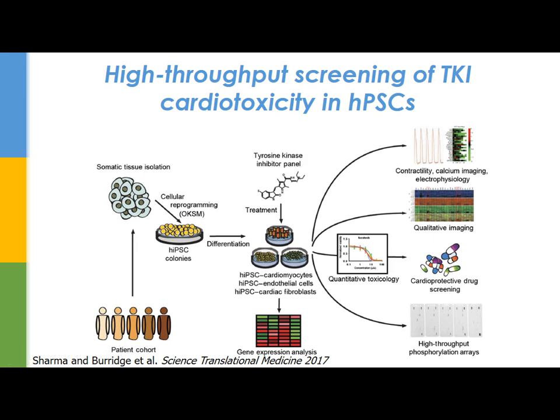The human pluripotent stem cell model can also be used for high throughput screening, and this is one example from a group from Stanford, a very active group in the field. They used a panel of tyrosine kinase inhibitors and applied it on human pluripotent stem cell cardiomyocytes, endothelial cells, and fibroblasts, and assessed the cells in multiple ways: gene expression analysis, contractility, calcium imaging, and electrophysiology, for quantitative toxicology and phosphorylation arrays.